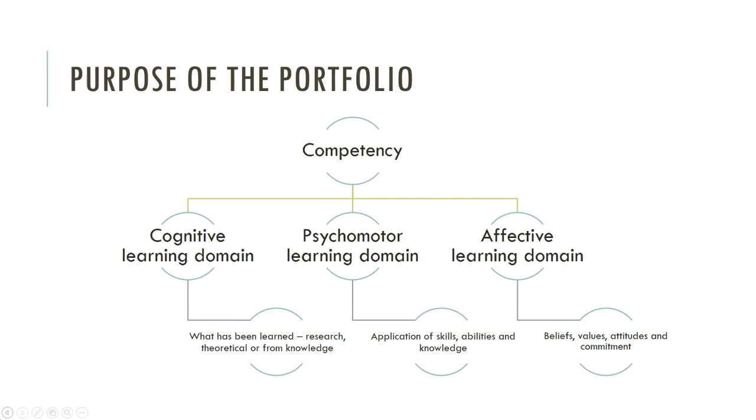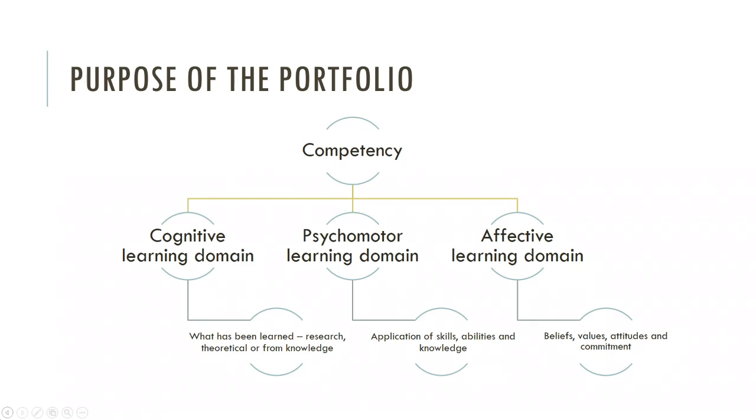So in the previous slide, I spoke about competencies, and what we want to do in a portfolio is to really look at different competencies in quite a broad range. Not only do we look at cognitive learning in terms of what you actually have learned, so these theoretical aspects, research, these knowledge underpinnings, the information that you've gotten from the module.